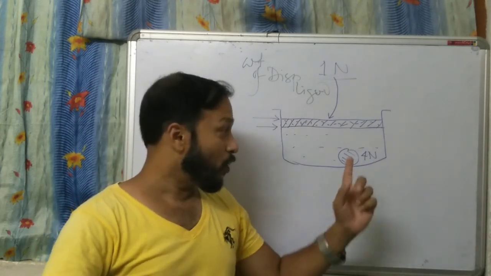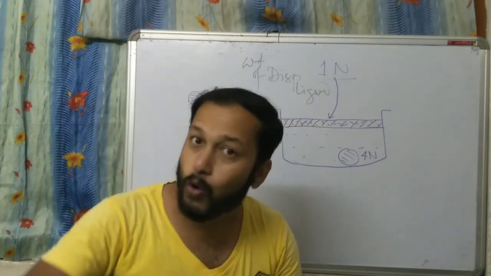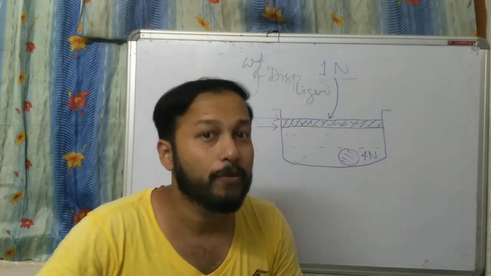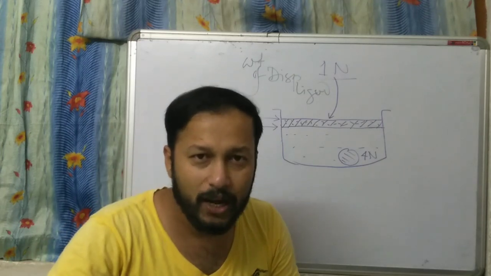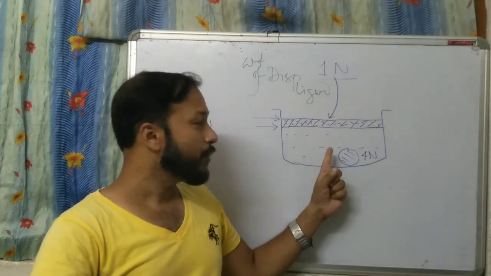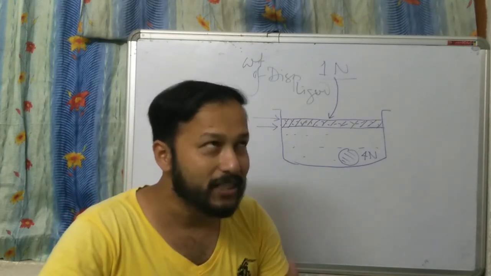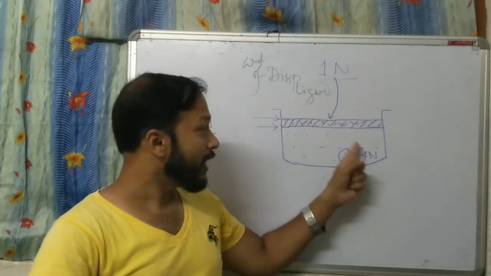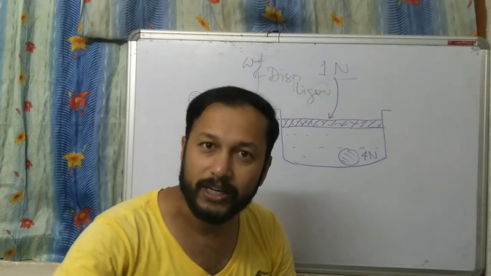Because the object is getting an upward force, called force of buoyancy. This liquid is giving that force, and its direction is always upward. That's why the weight of the object reduces inside any liquid.